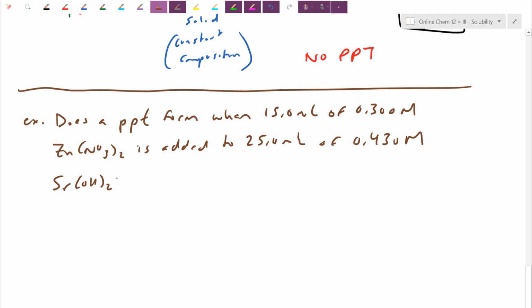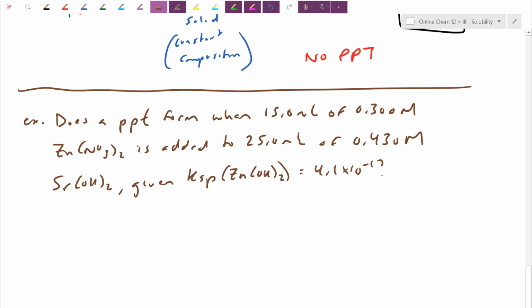So that's the question, and I'm going to give you the KSP for this compound, zinc hydroxide, that's the solid I'm interested in this time. Given the KSP for that compound is 4.1 times 10 to the negative 17.